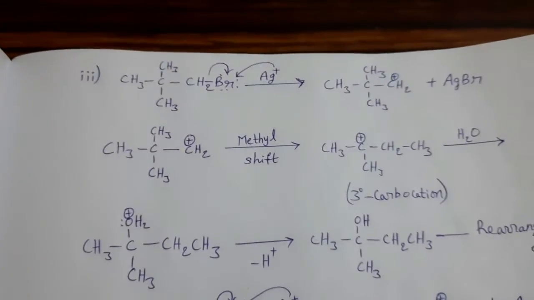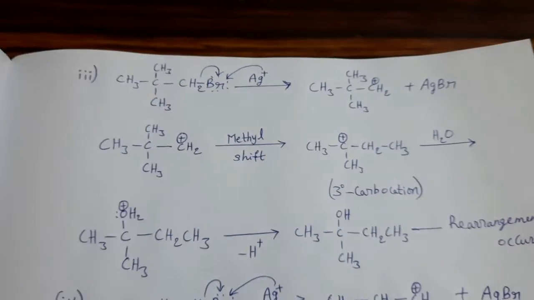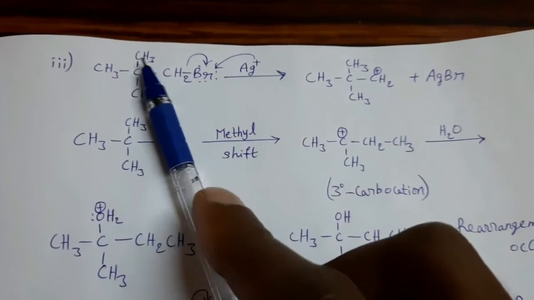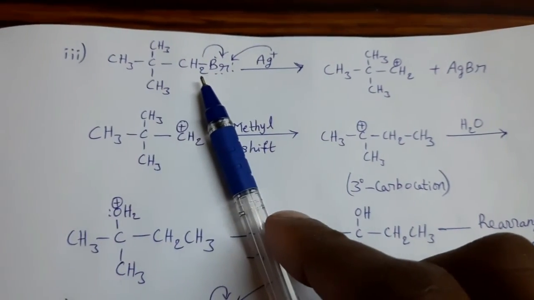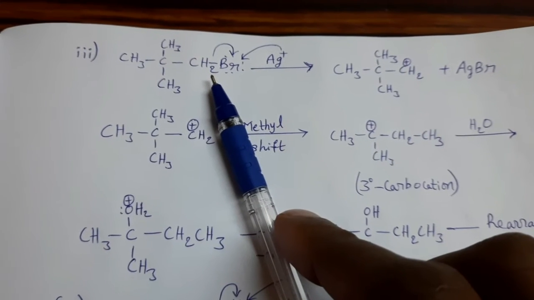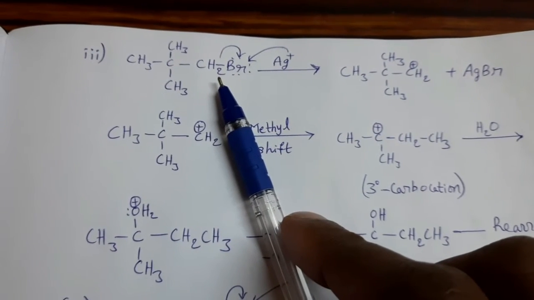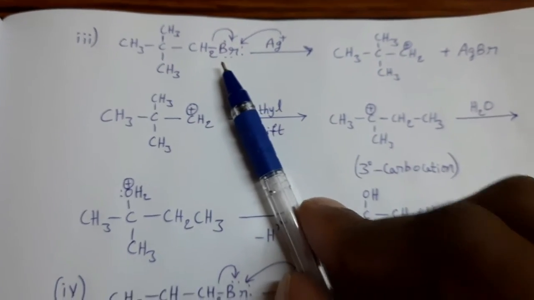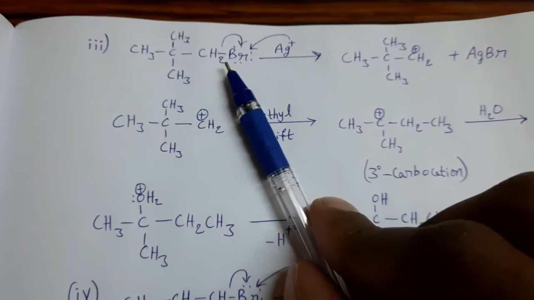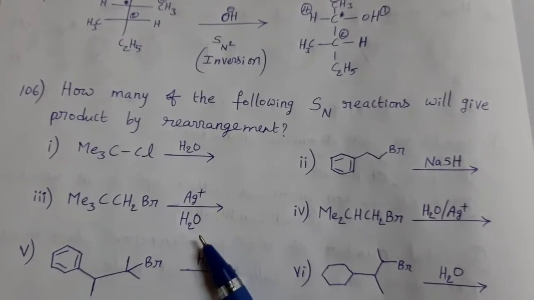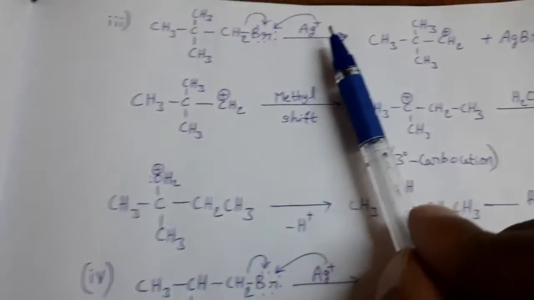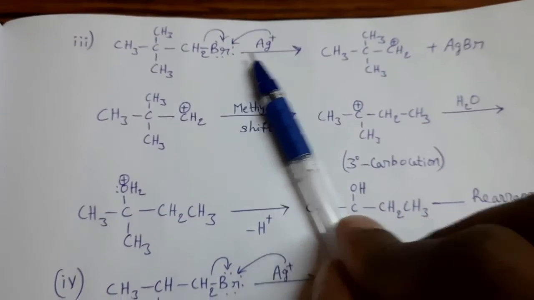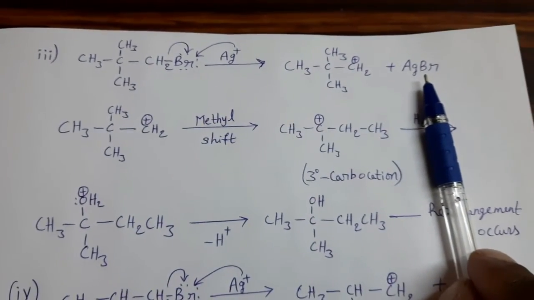In this reaction, this is also an alkyl bromide. This compound name is 2,2-dimethyl-1-bromopropane. It is treated with Ag plus and then water. First, silver ion combines with this bromine and is removed in the form of AgBr.